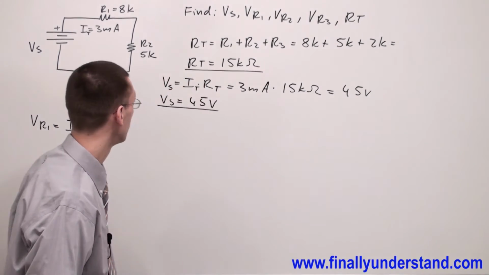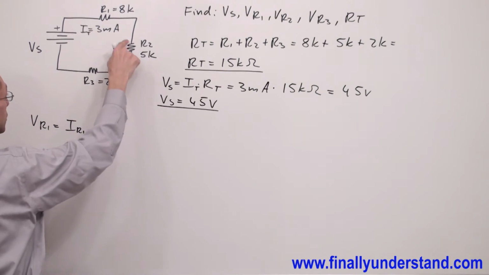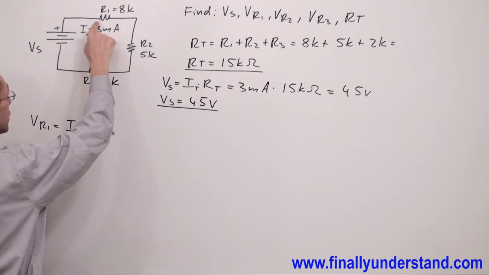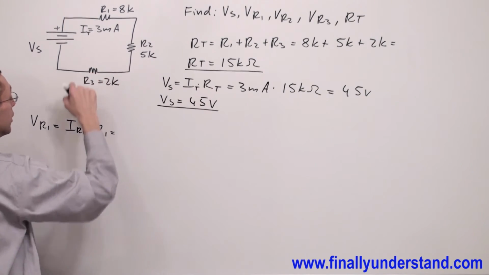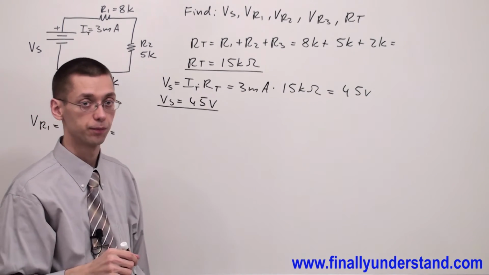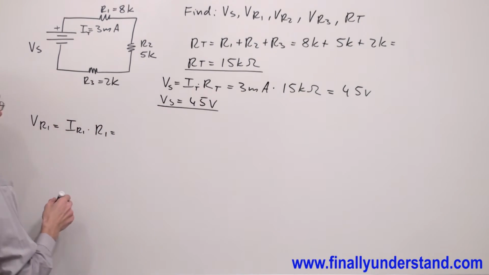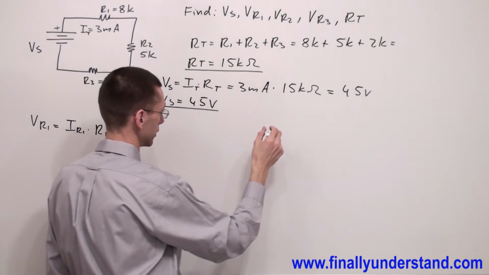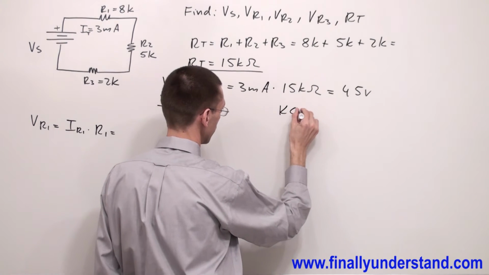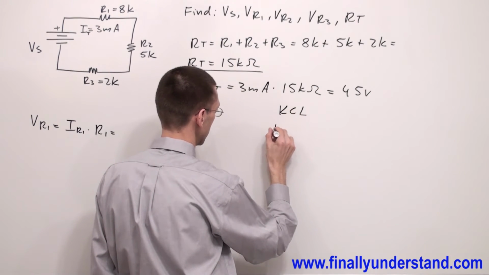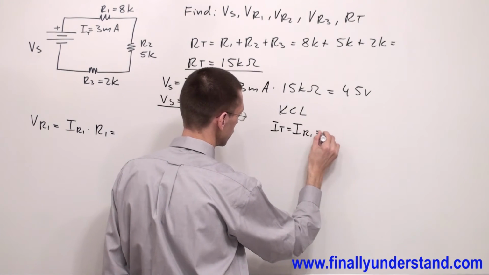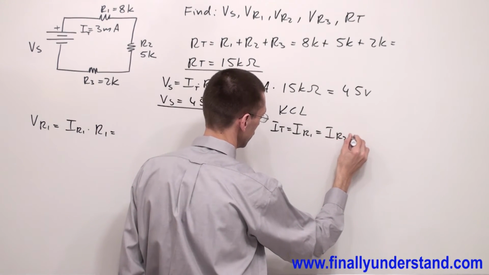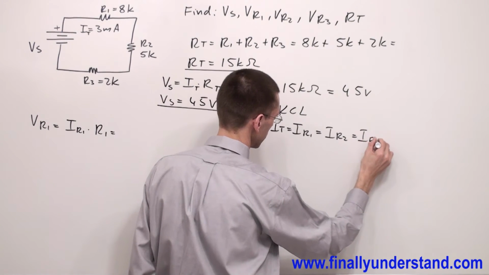You're supposed to keep in mind that in series circuit, current at every single point of this circuit is always the same. That's why I can write on the side my KCL, which says I total is equal IR1 is equal IR2 and is equal IR3.